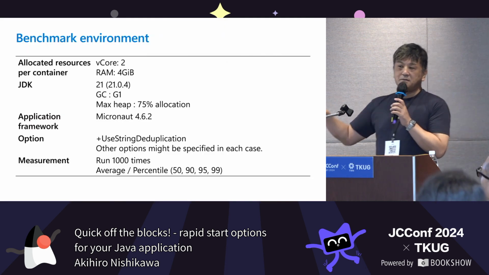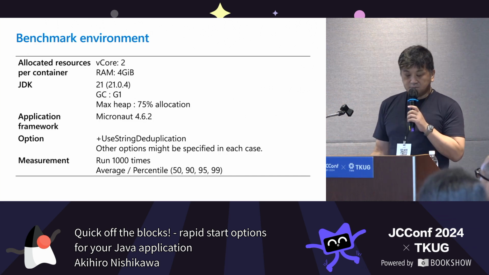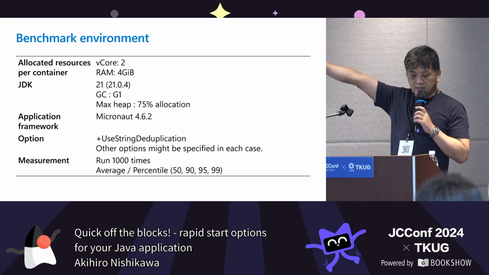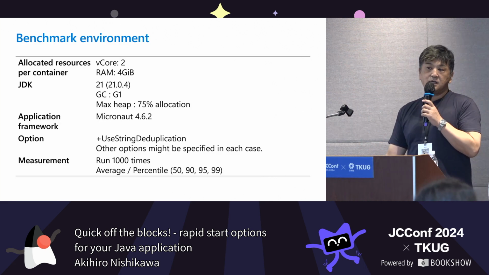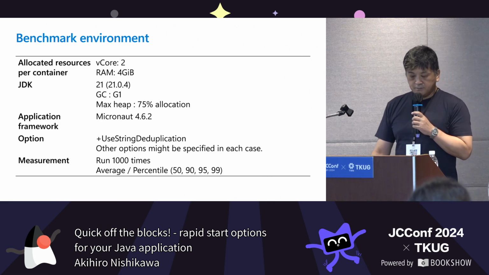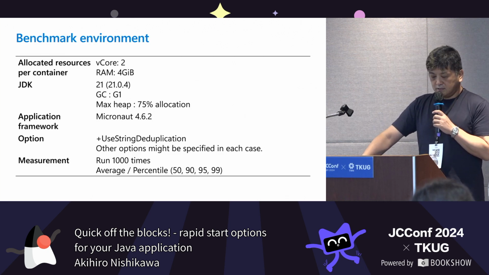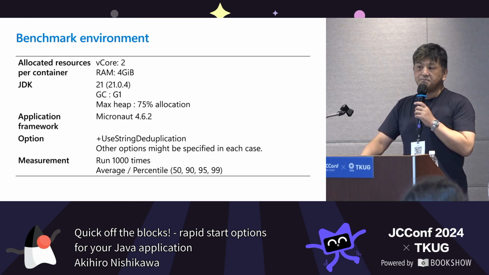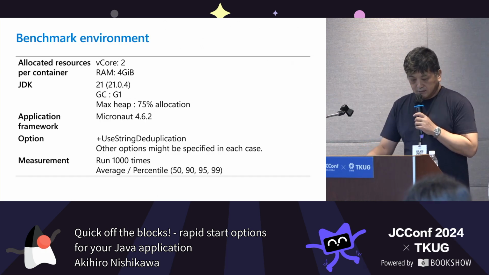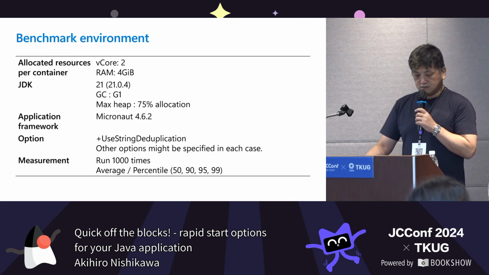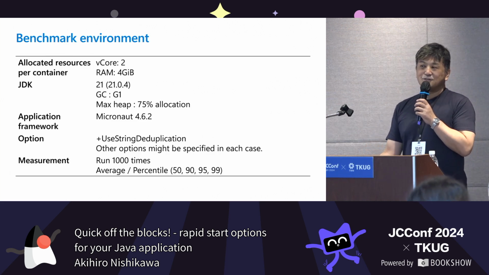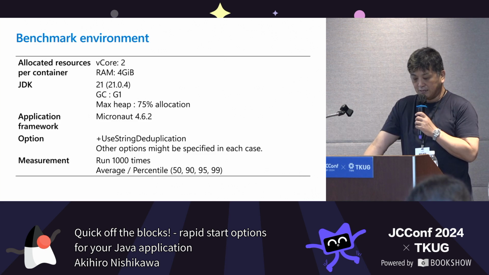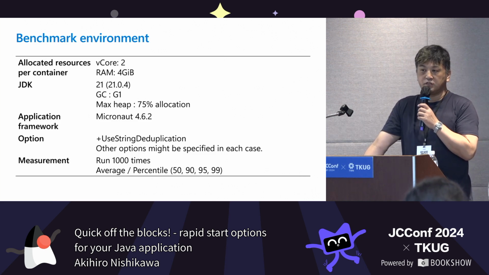Now the benchmark environment. I'd like to show the benchmark environment: two cores and 4 gigabytes, with Docker images created. The JDK version is 21.0.4, with G1, not serial, and the max heap is 75% allocation. For the application framework, which is not popular in this session, I use Micronaut 4.6.2.